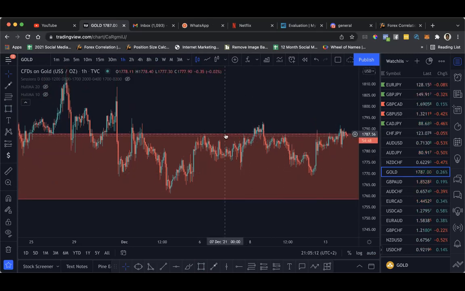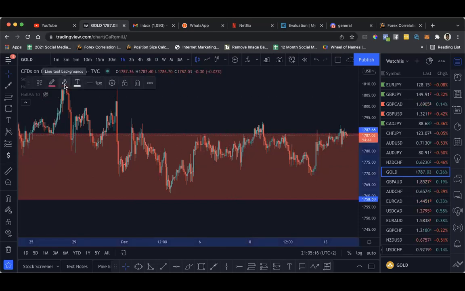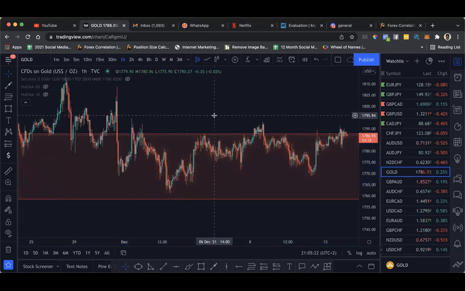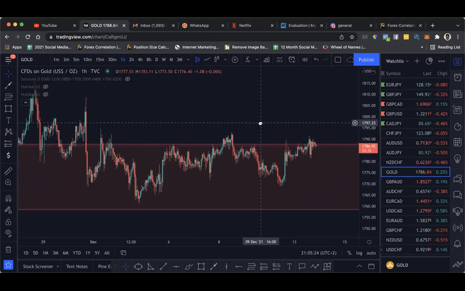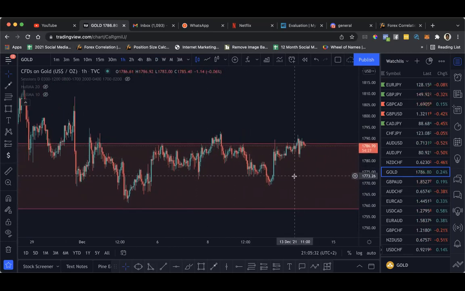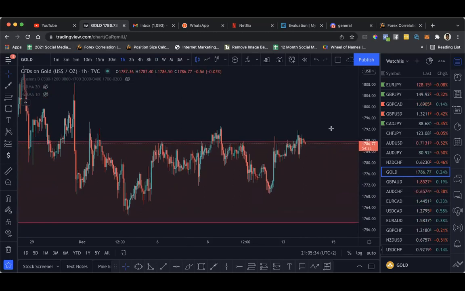Okay. So what can we see here? Let's find another block that we can use in this zone. So we can see this right here.